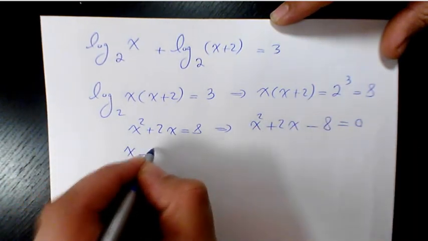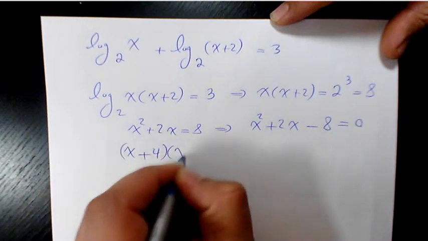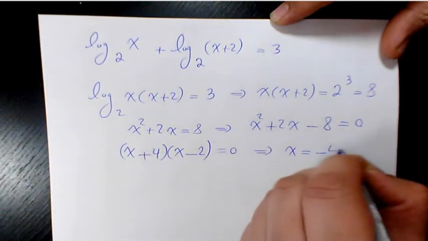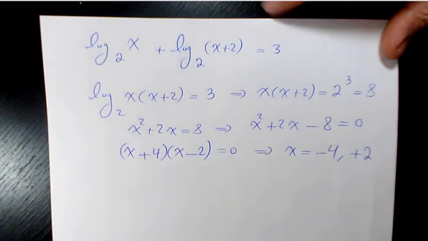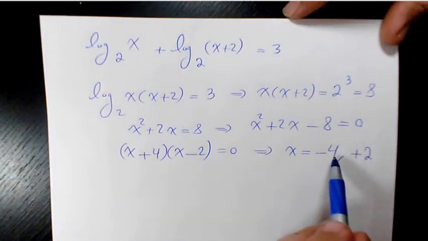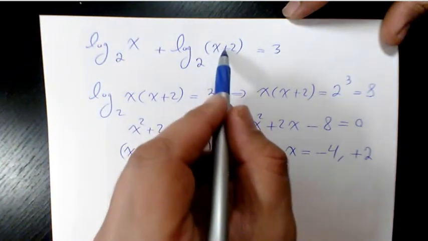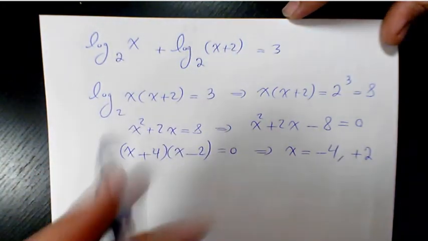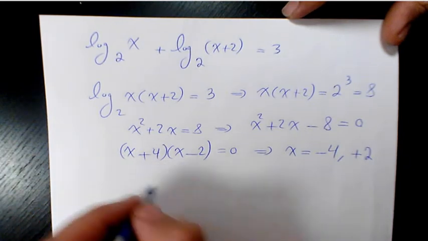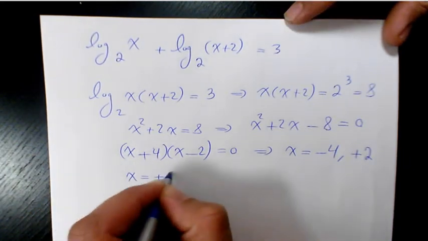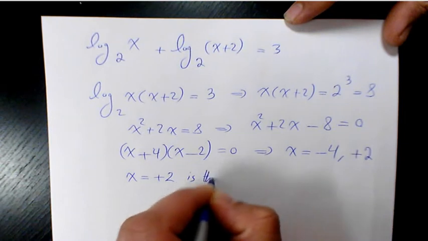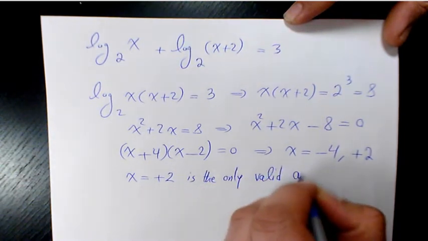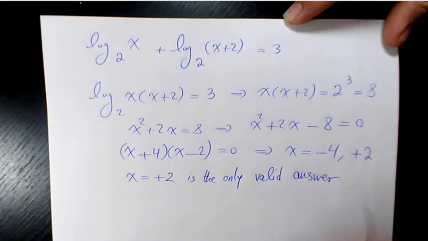When you factor that, it's going to be (x plus 4) times (x minus 2) equals 0, which means that x is negative 4 or positive 2. Which one is acceptable? If you put negative 4 in here, both of them are going to be negative. Even if one of them is negative, it's not going to be an acceptable answer. However, x equals plus 2 is the only valid answer.